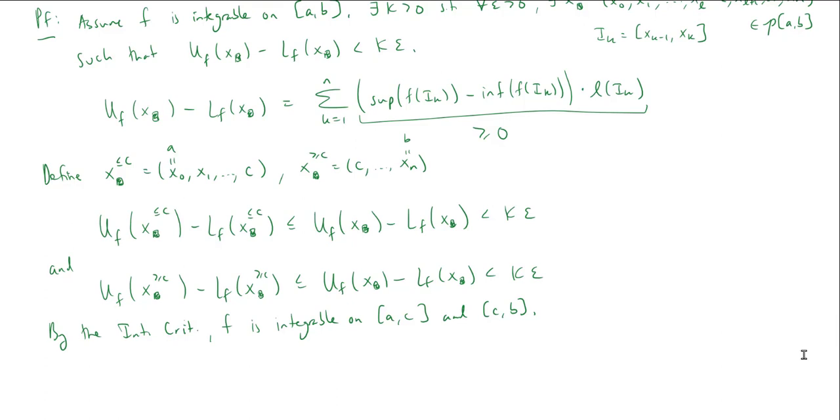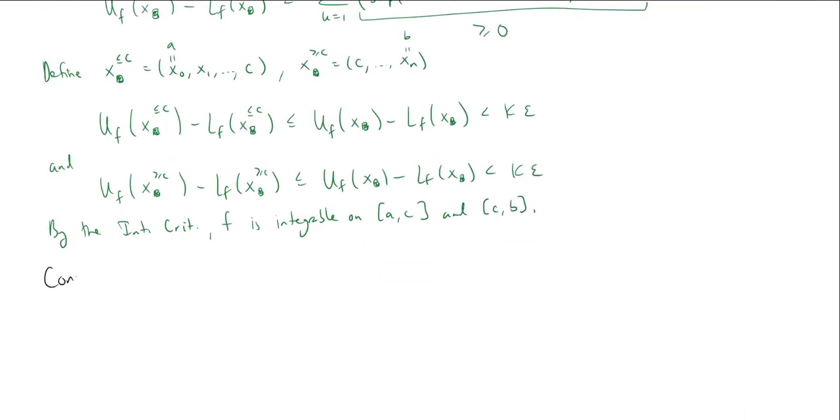Okay, let's do the other direction. Here, we'll switch up colors for us now. All right, so conversely, now we're going to assume that f is integrable on AC and CB, which again, we can use the integrability criterion. And so now we're using it individually on these two pieces. So I have to do everything separately for these.